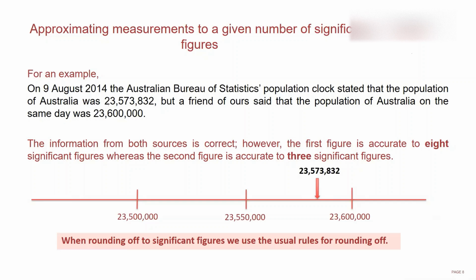Both the readings are right, but when we compare the accuracy of the two readings, the first one is more accurate because it has measured up to 8 significant figures. The second reading is comparatively less accurate because it has measured only up to 3 significant figures.